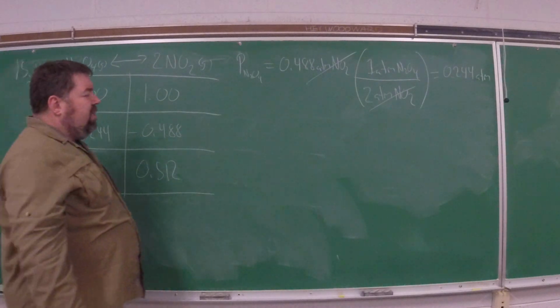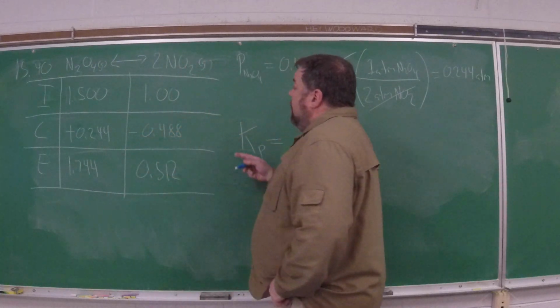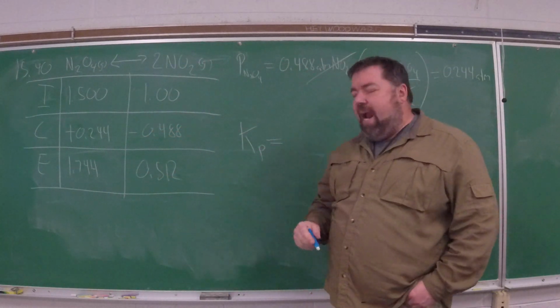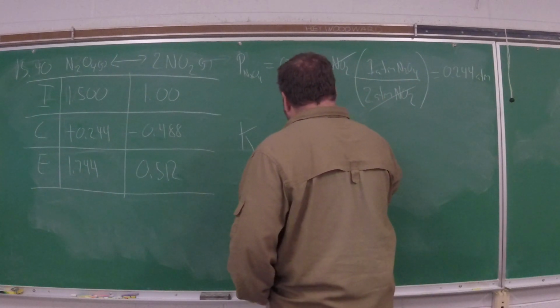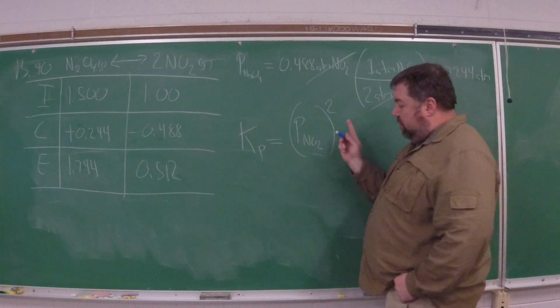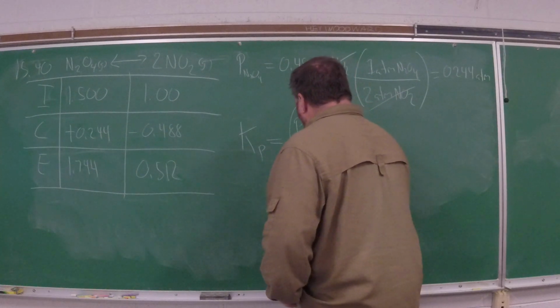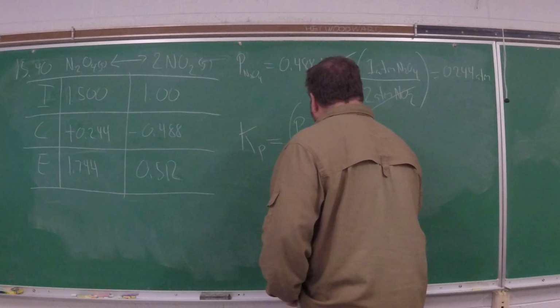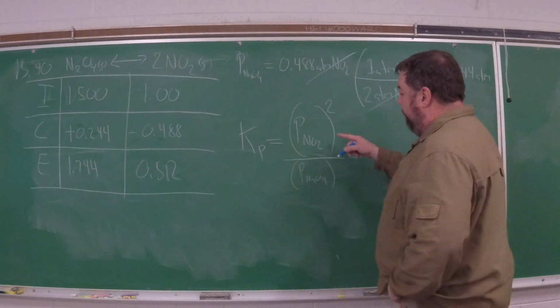Then it asks, what is the Kp? So Kp, again, products over reactants, right? Partial pressure of NO2 raised to its stoichiometric coefficient, so it's squared, divided by the reactants, partial pressure of N2O4, raised to the stoichiometric coefficient, which is just 1, and then plug in your values.